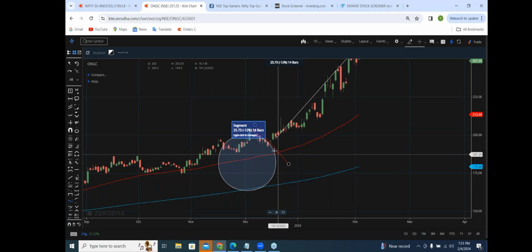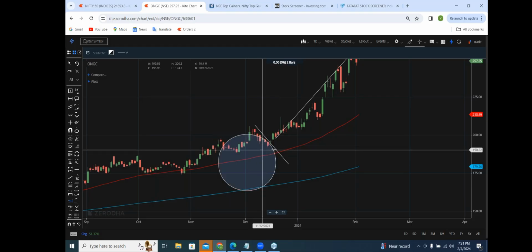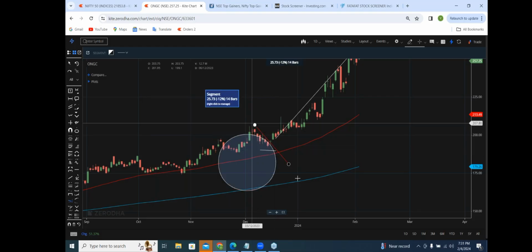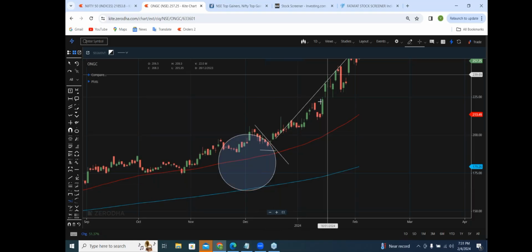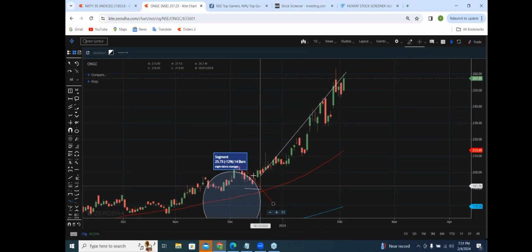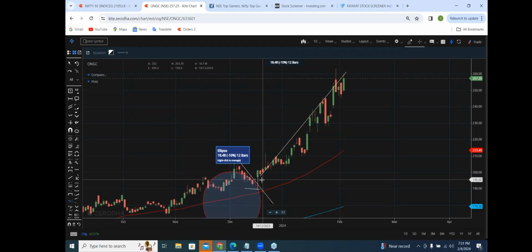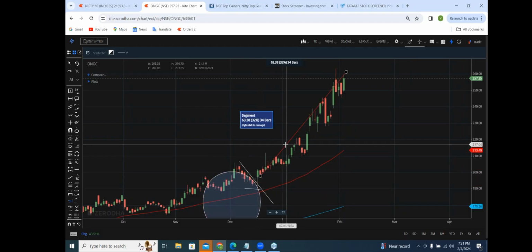So by keeping the stop loss somewhere below the bearish trend line, it will help you a lot in terms of taking the right risk reward ratio. For 7-8% risk, you've got 63% reward. So don't you think that's amazing?